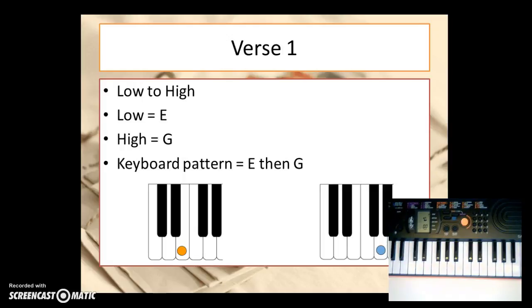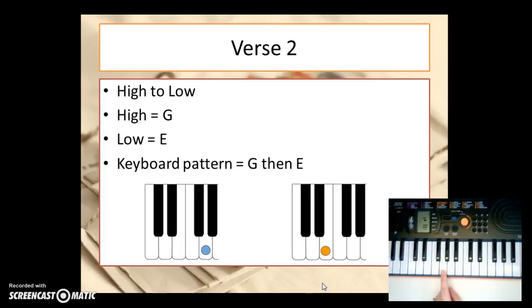So that G and E pattern goes from low to high. So it's E, then G, and you can see this on the screen where they're positioned if you're having trouble finding where that E and G are. And then it's the same thing for verse 2 where it goes from G to E. The pattern is just switched. We're only dealing with 2 sounds, high or low, G or E.